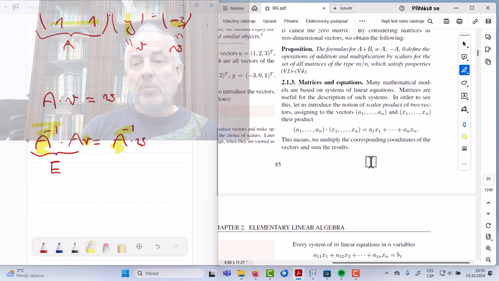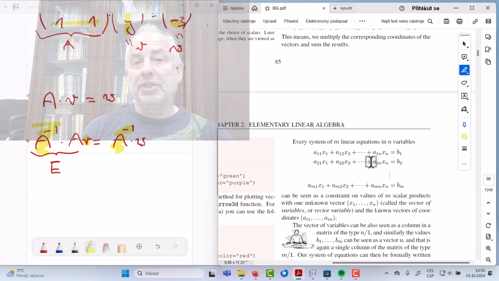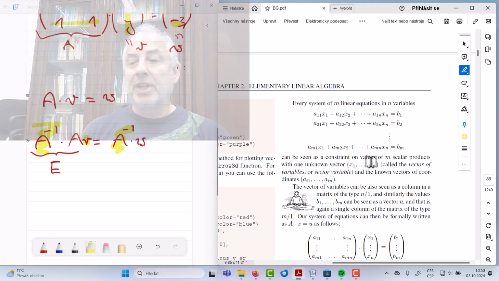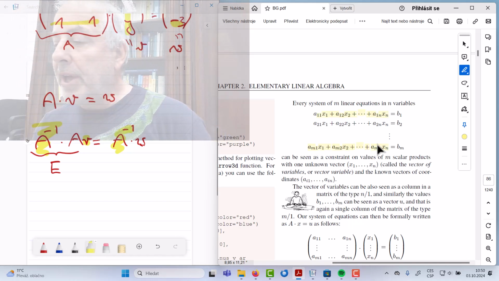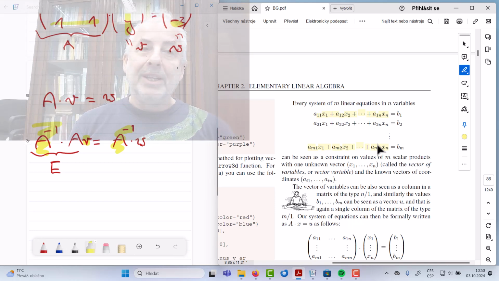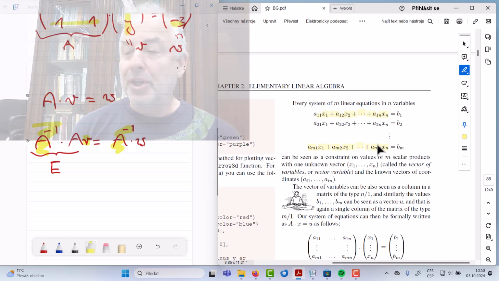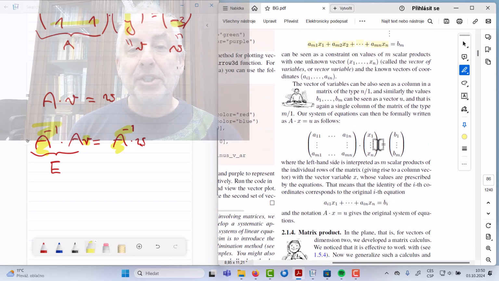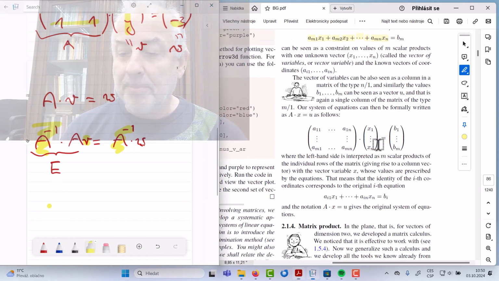But now we are coming back to the understanding of matrices as equations, and that's here. So each matrix can be understood as coefficients in a system of equations. And if we define what the matrix multiplication is, exactly as I already indicated it, then we can write the very system in the matrix symbolics this way.